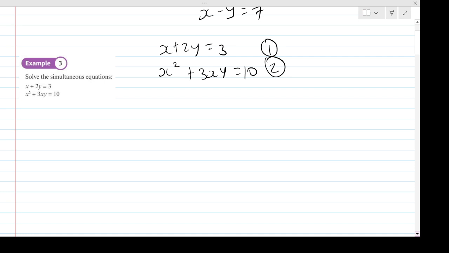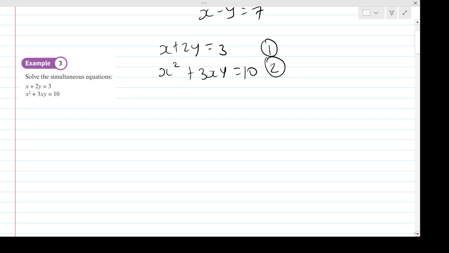Now, you should not rearrange the second equation because it has an x squared term. Whatever equation has the x squared part in it, it's best to avoid it because rearranging for x or y is going to get very nasty. So the first equation, because it's all linear terms, is the best thing to rearrange here.